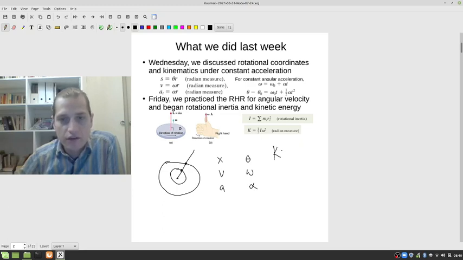So instead of K equals 1/2 mv squared, that's kilograms meters squared over second squared, if I have 1/2 omega squared, this is just radians squared over second squared. So I need a factor of meters squared, and that's where my I comes in. Your I has the mass contained in it, and it also has the meter squared part in it.